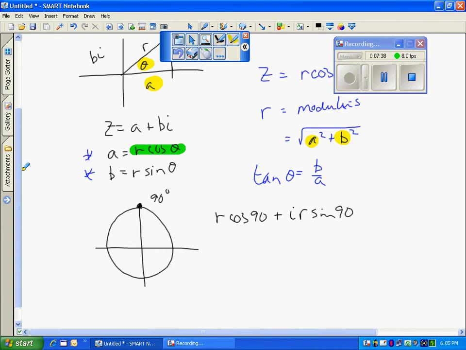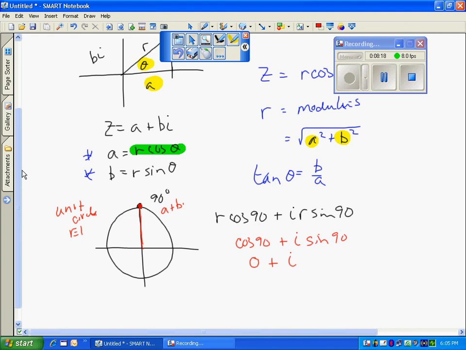Well, r on this circle right here, if this is a unit circle, notice r is equal to 1. So cosine of 90 plus i sine of 90, because my r is 1, cosine of 90 is 0 plus i. So looking at that point right here, don't you agree a is nothing and b is 1?